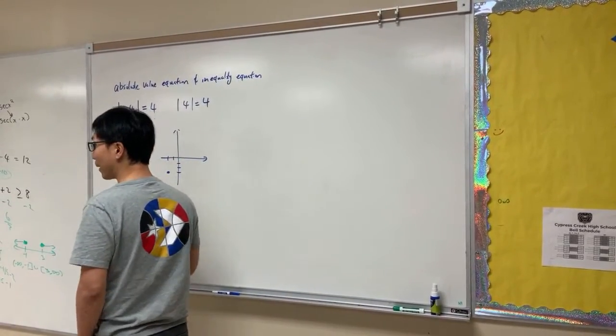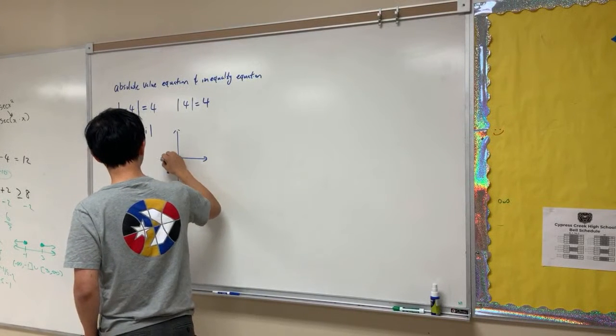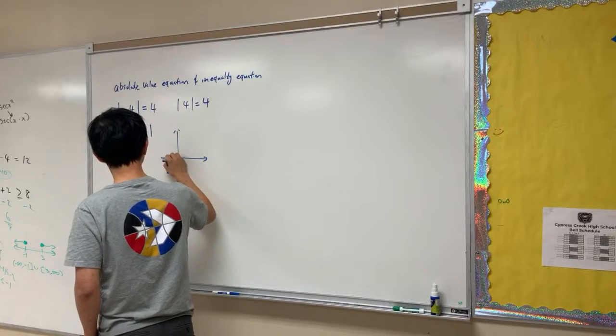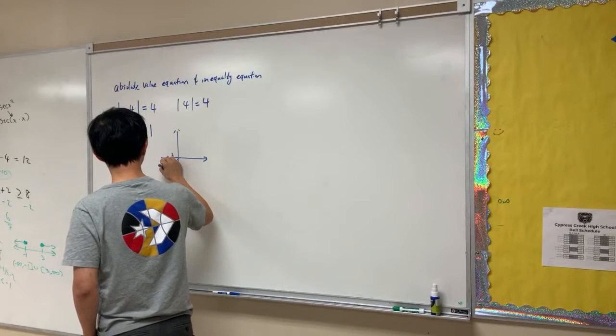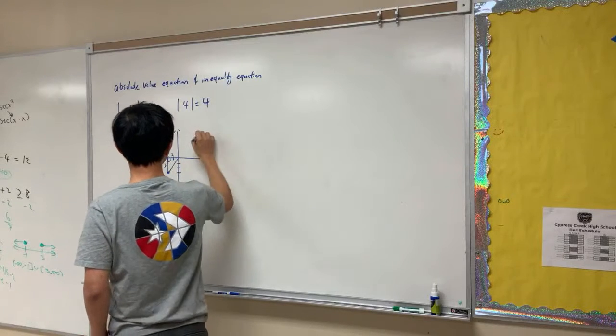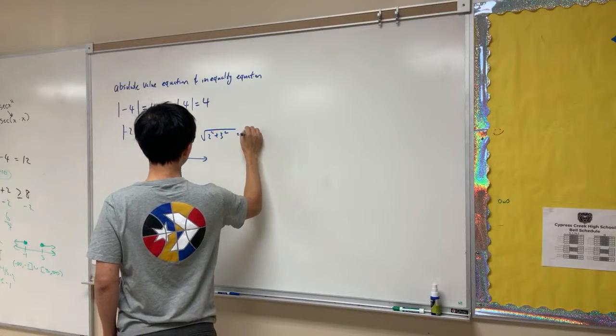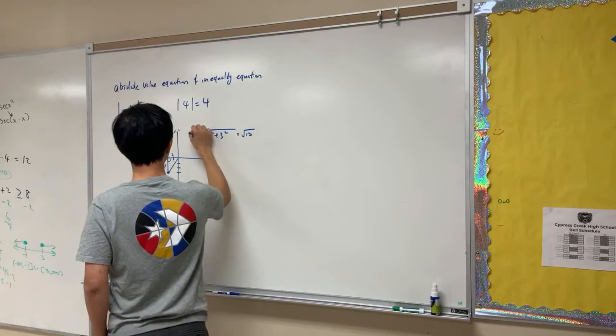Remember this on the test? You draw a triangle, and that triangle has sides 2 and 3, regardless of what the unit is. Then you can say the square root of 2 squared plus 3 squared. That answer is going to be the square root of 13, using the Pythagorean identity.